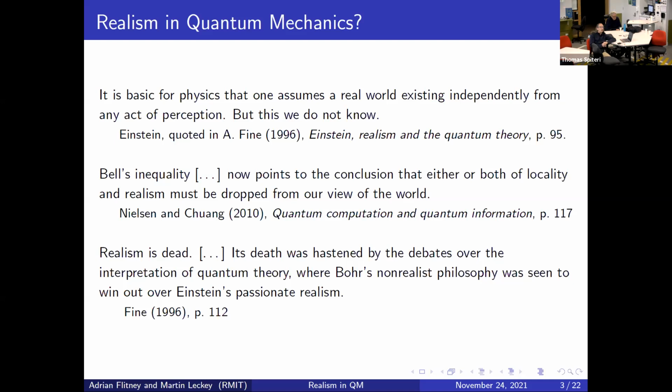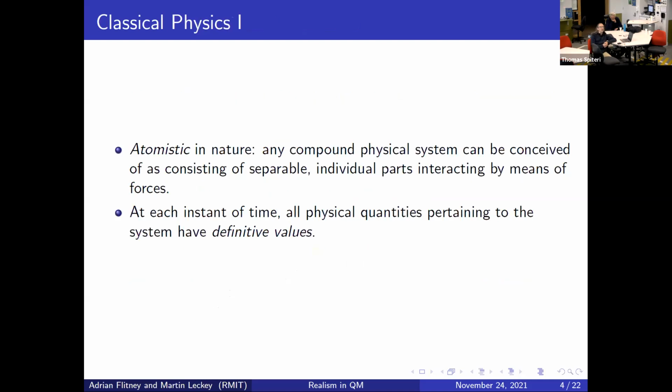Nielsen and Chuang, in their great tome Quantum Computation and Quantum Information, state the orthodox view in quantum mechanics: Bell's inequality points to the conclusion that either or both of locality or realism must be dropped from our worldview. And Fine goes a bit further and says realism is dead. Basically, Bohr won over Einstein.